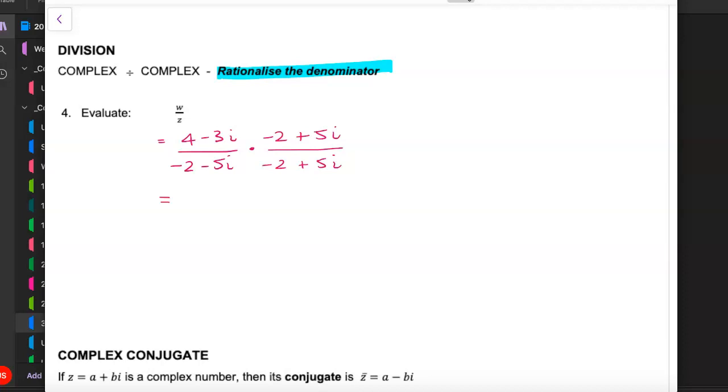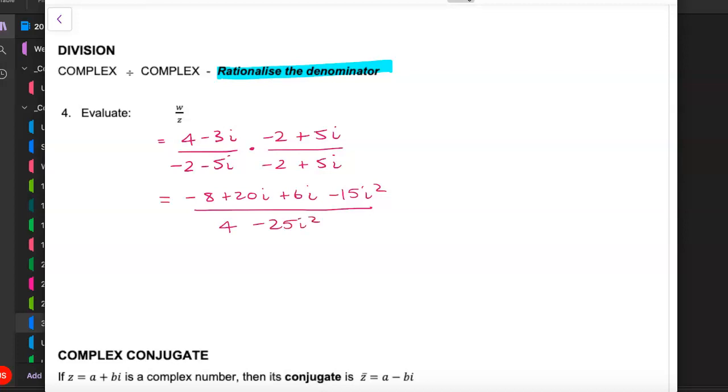which we'll see in a moment. So in multiplying the top, we're going to use that binomial expansion. We're going to end up with -8 plus 20i take 6i, plus 6i, take 15i squared, and at the bottom we'll end up with 4, take 10i plus 10i and take 25i squared.